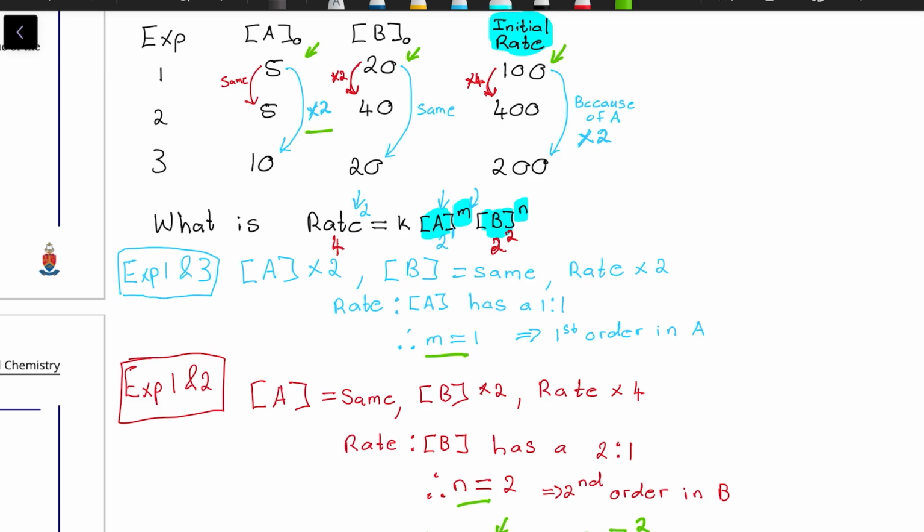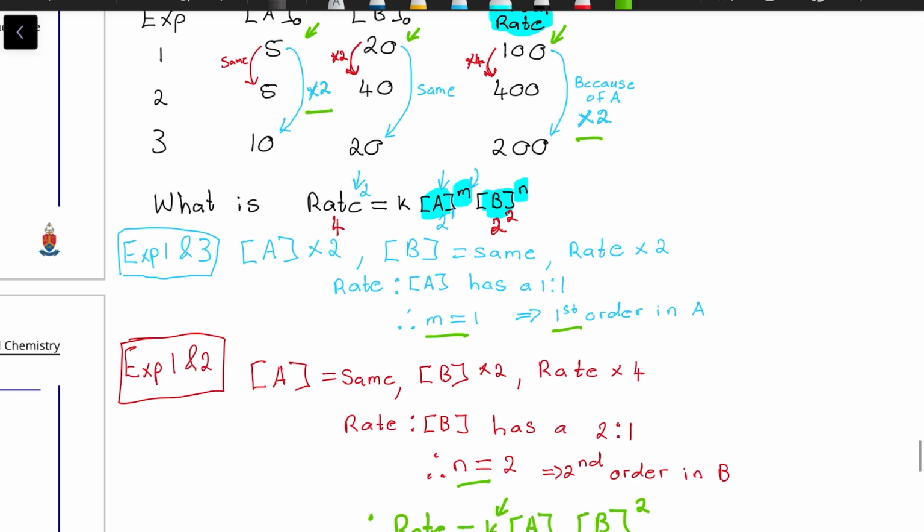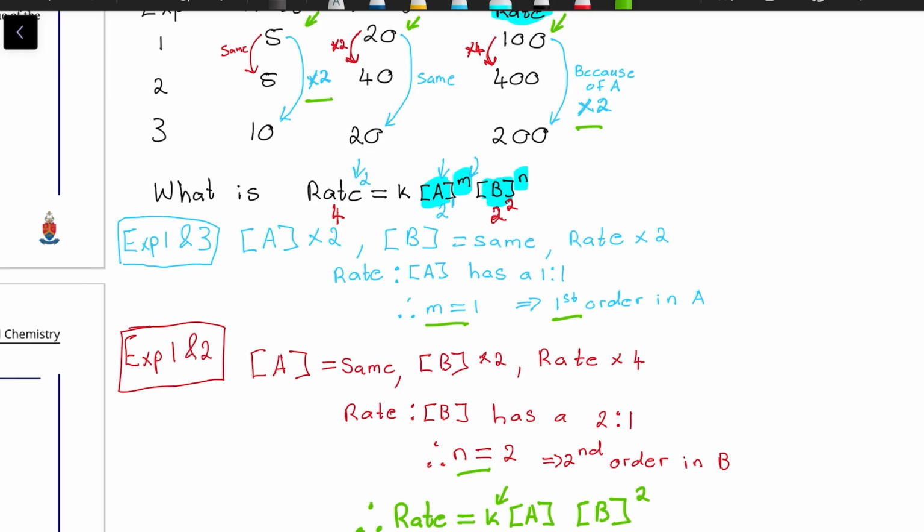If it's the same, meaning you can see there's a one-to-one relationship, it means it's first order in that reactant. If you double the reactant, but the rate is quadrupled, meaning the rate responds by the square of the change in the reactant, it means it is second order in that reactant, right?